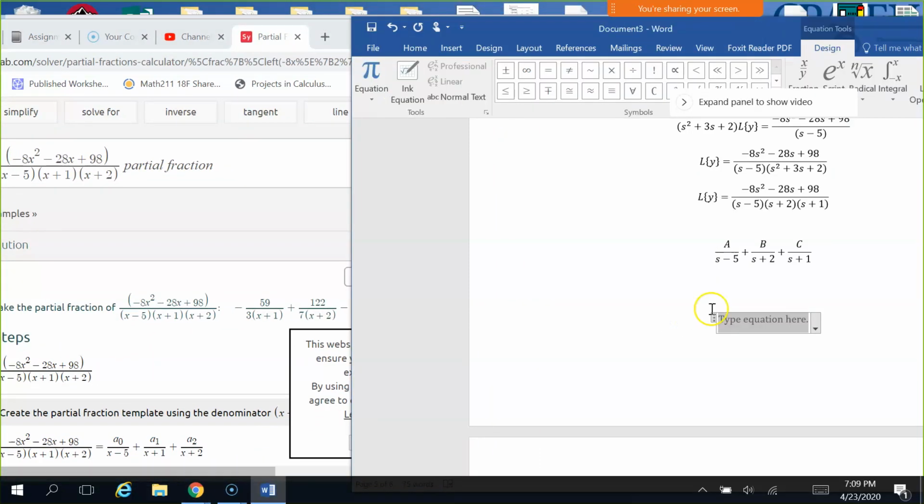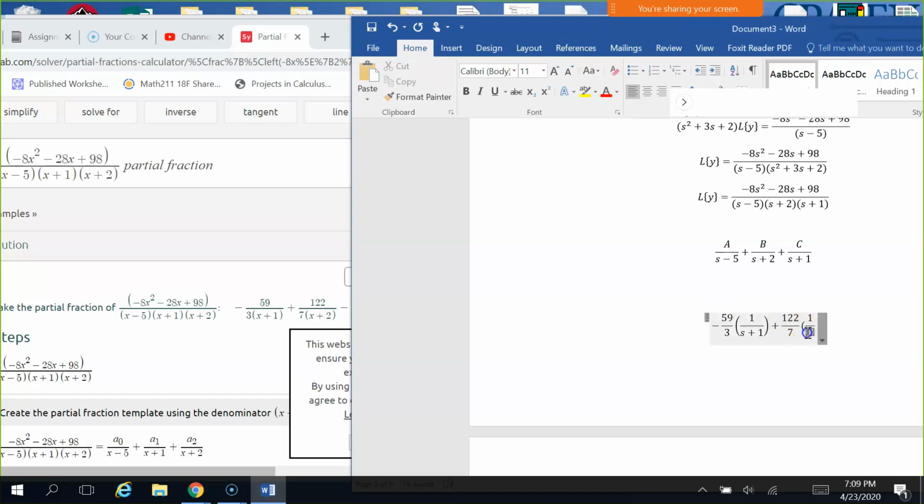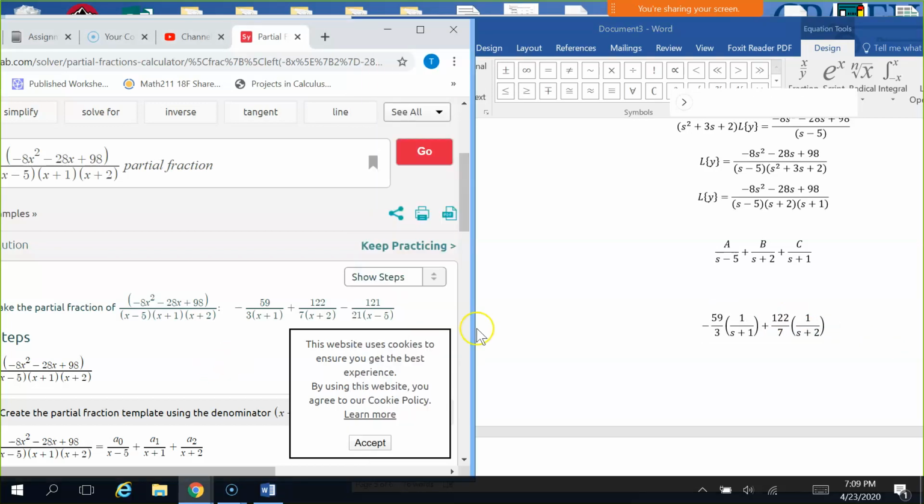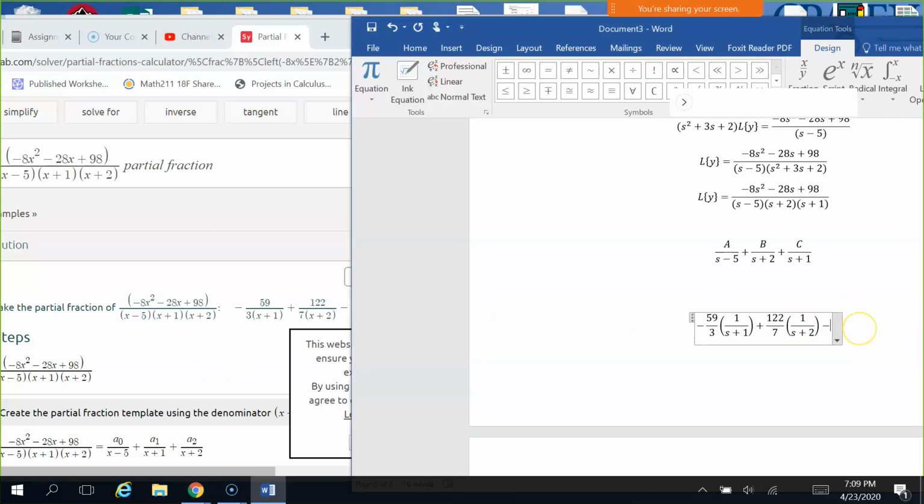All right, so we have negative 59 thirds, 1 over s plus 1, plus 122 sevenths, 1 over s plus 2, and then minus 121 over 21, and that's the 1 over s minus 5.